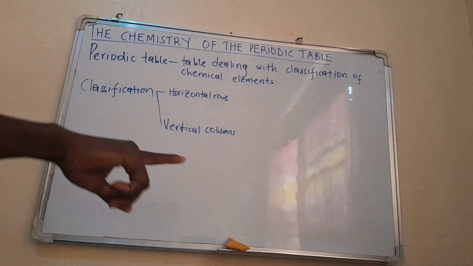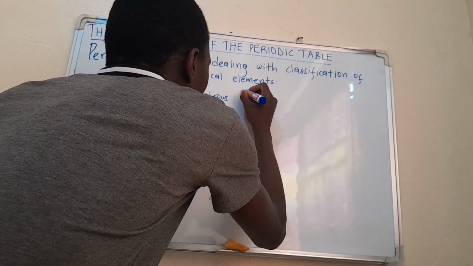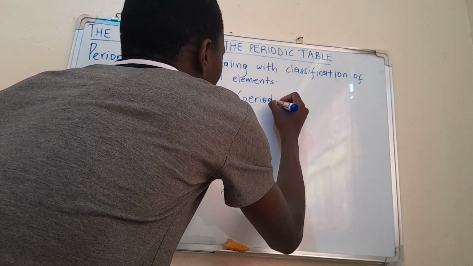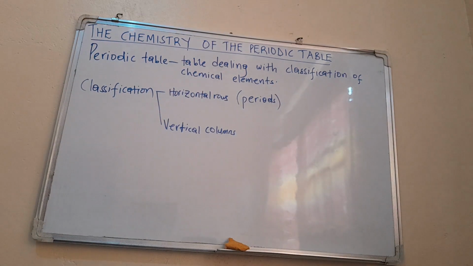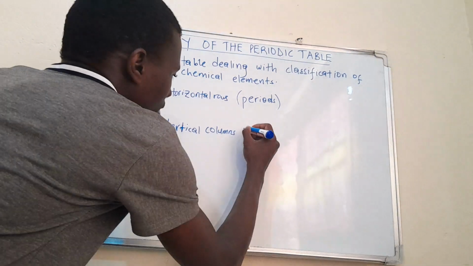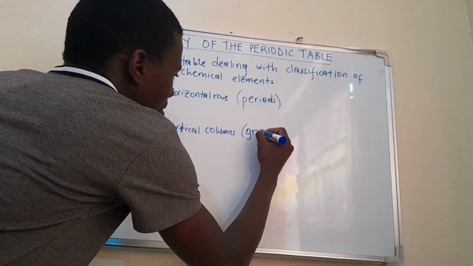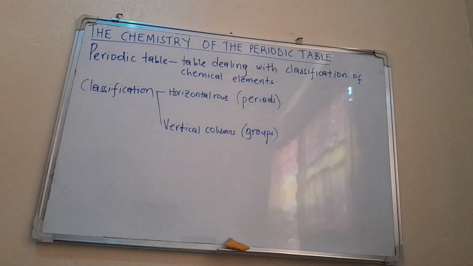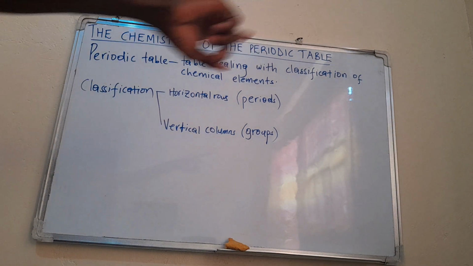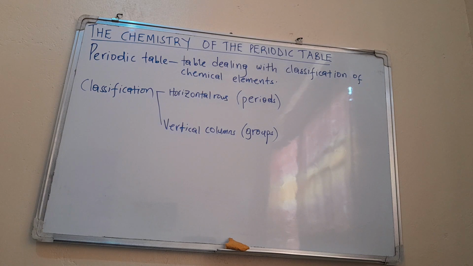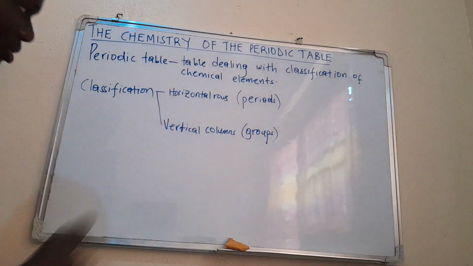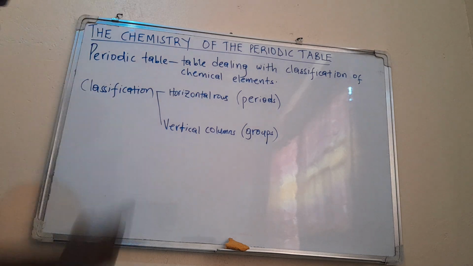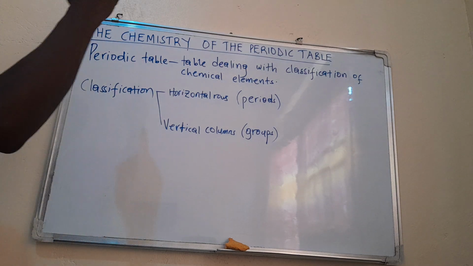Horizontal rows are known as periods, then vertical columns are known as groups. So we classify elements in periods, which are horizontal, and then also in groups, which are vertically aligned.